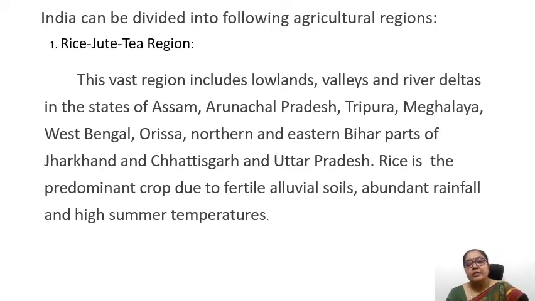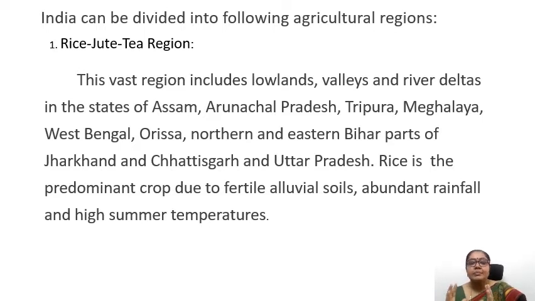One of the classifications that we see is the rice, jute and tea region. This vast region includes lowlands, valleys, and river deltas. It is found in the states of Assam, Arunachal Pradesh, Tripura, Meghalaya, West Bengal, Orissa, northern and eastern Bihar, and parts of Jharkhand, Chhattisgarh and Uttar Pradesh.